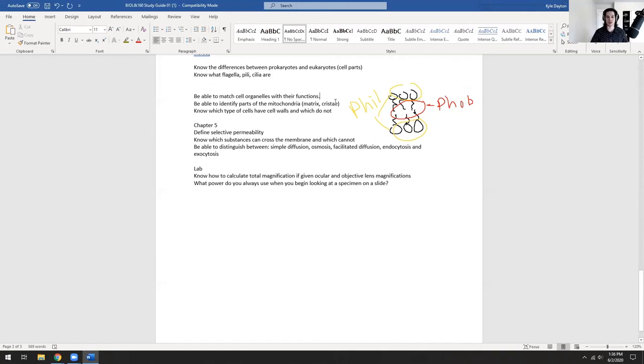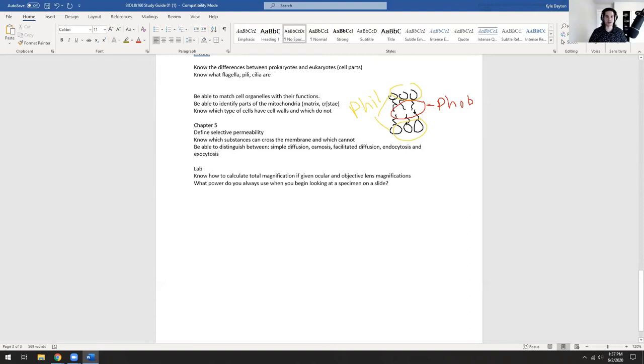Your rough endoplasmic reticulum provides the perfect environment for protein folding when your ribosomes are synthesizing proteins from mRNA. And then your smooth endoplasmic reticulum is involved in detox and storage of ions. And what else did we have? Vesicles are just the transport units within the cell.